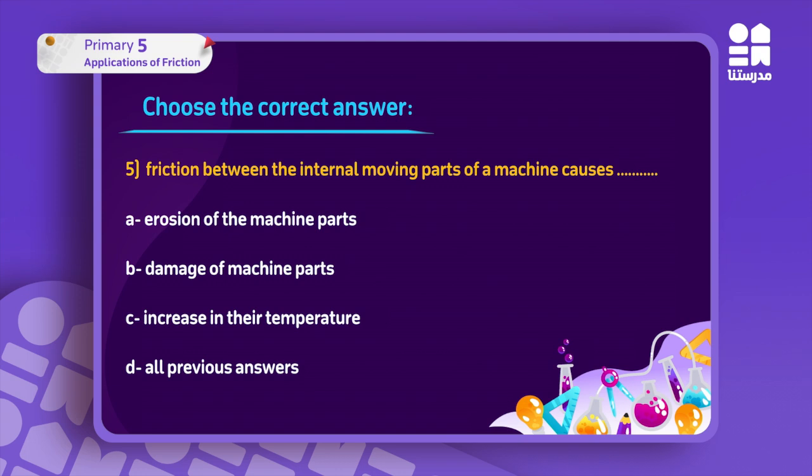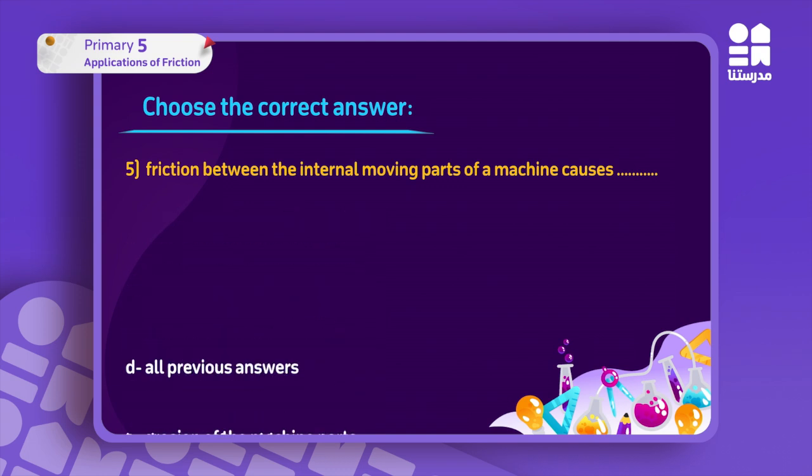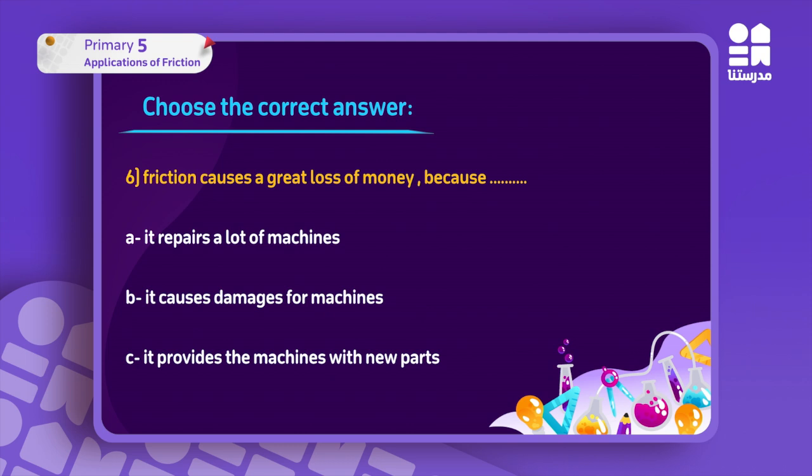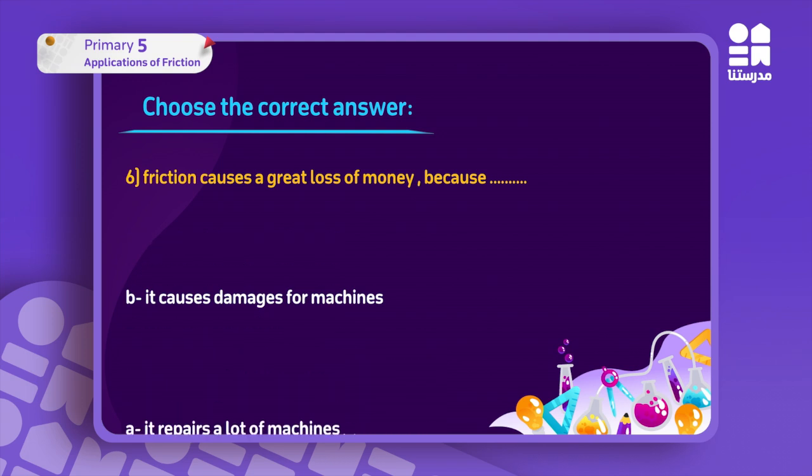Yes, all of them are right, so we will choose all previous answers. Number 6, friction causes a great loss of money because. Why does it cause great loss of money? It repairs a lot of machines, or it causes damage for machines, or it provides the machine with new parts. Of course, it causes damage. That's a loss of money.